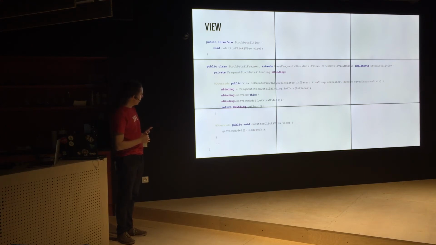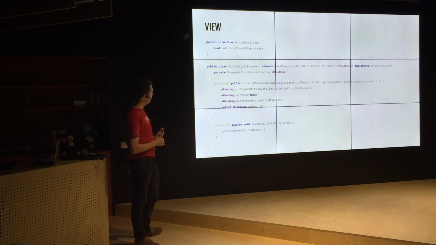So then I have a fragment. It's a view in MVVM architecture, and this fragment, stock detail fragment, will implement stock detail view. I have one field. It's a binding, and in onCreateView method, I will set up this binding, and I will set two variables.